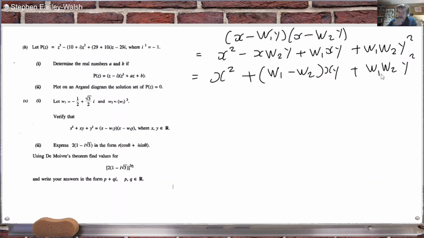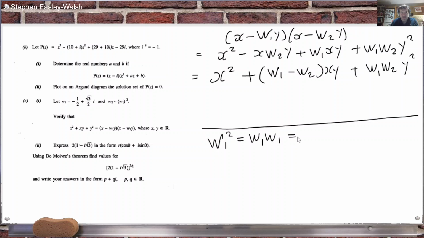But I'm going to have to calculate w1 squared. w1 squared is w1 times w1, which is minus a half plus root 3 over 2i, oh, don't have space to write it out again, squared.